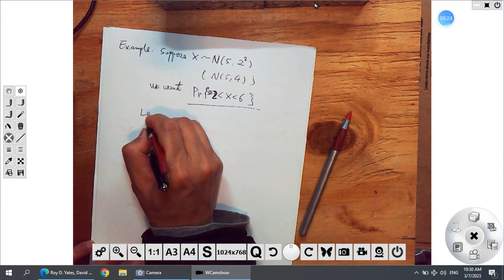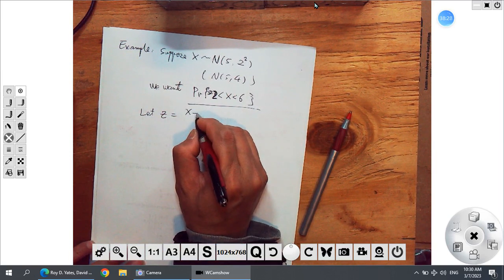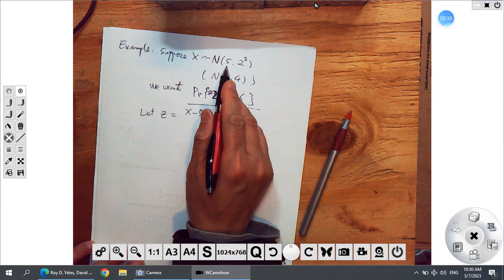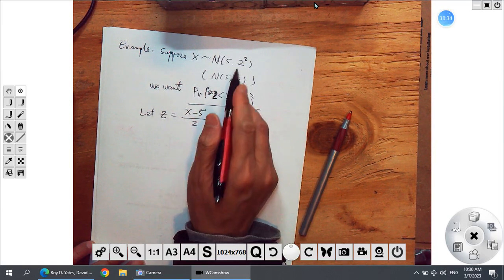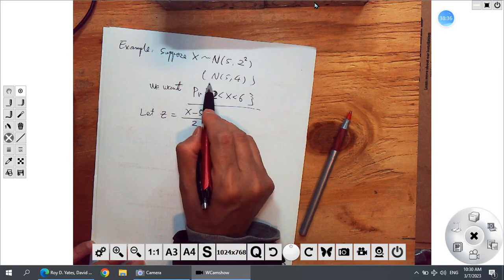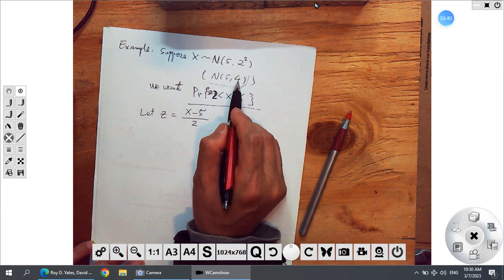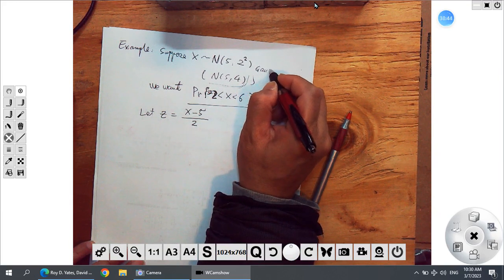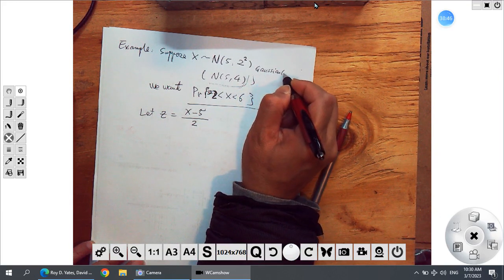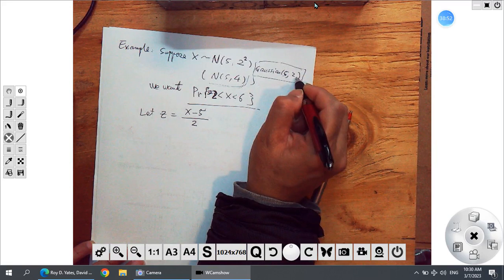Now how to do it? Let Z equal X minus 5, shifted by mu and scaled by sigma 2. Sigma is 2. If I describe the problem with this form, you should know sigma will be the square root of this. If you write it as Gaussian, it will be this one, and this 2 is the sigma.